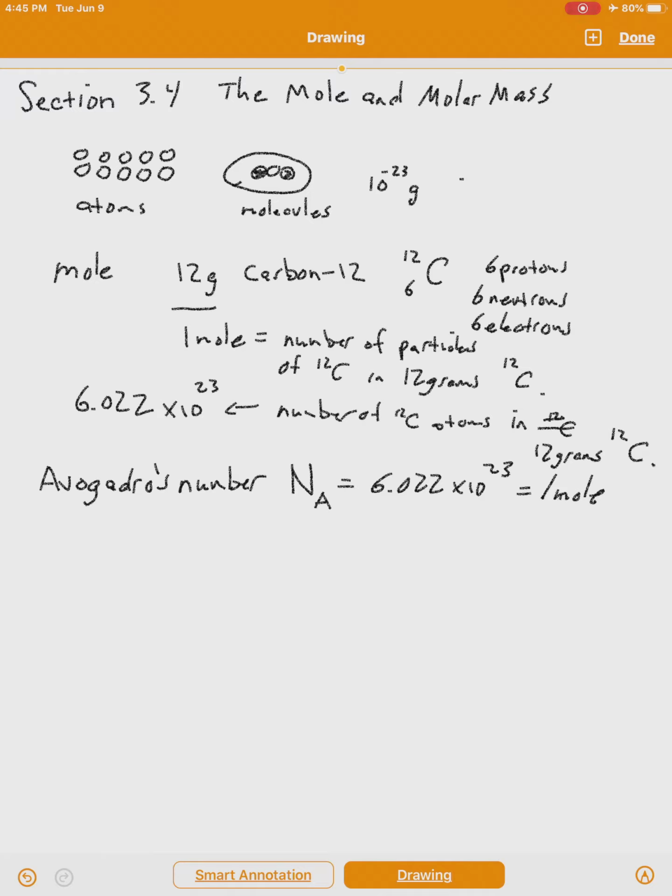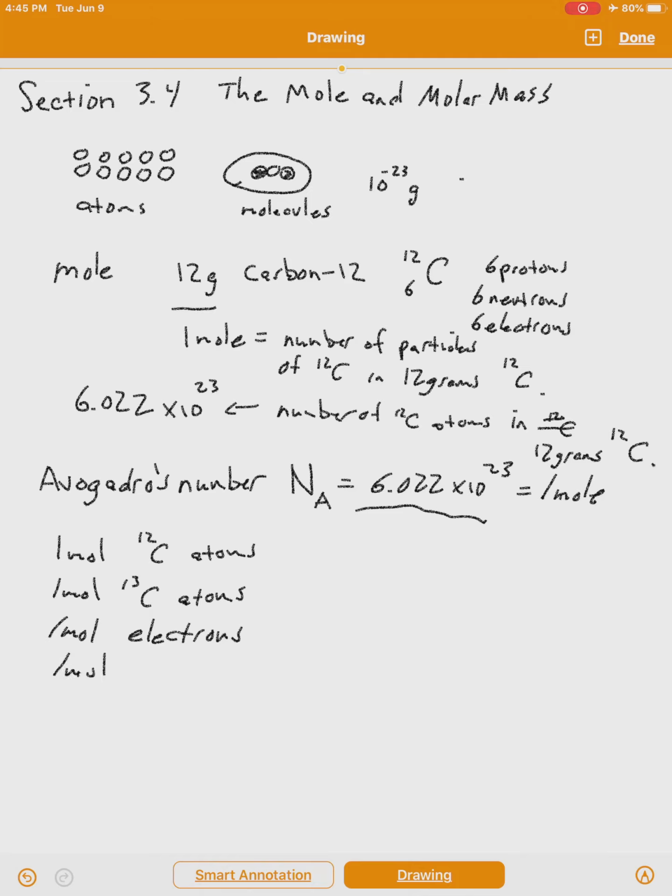So if I say I have a mole of something, what I mean is there's that many particles. Okay? And it could be anything. You can have a mole of carbon 12 atoms. You can have a mole of carbon 13 atoms. You can have a mole of electrons.